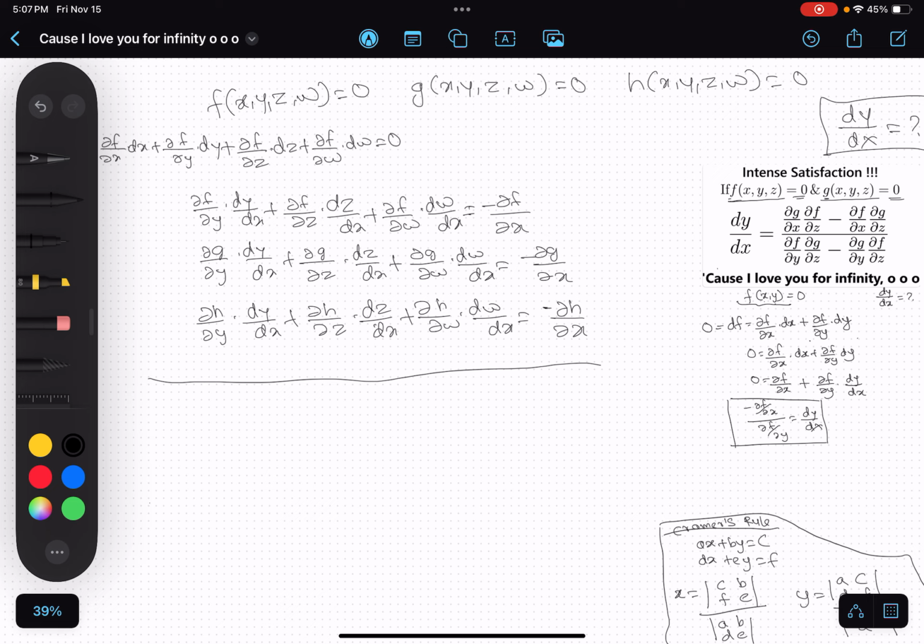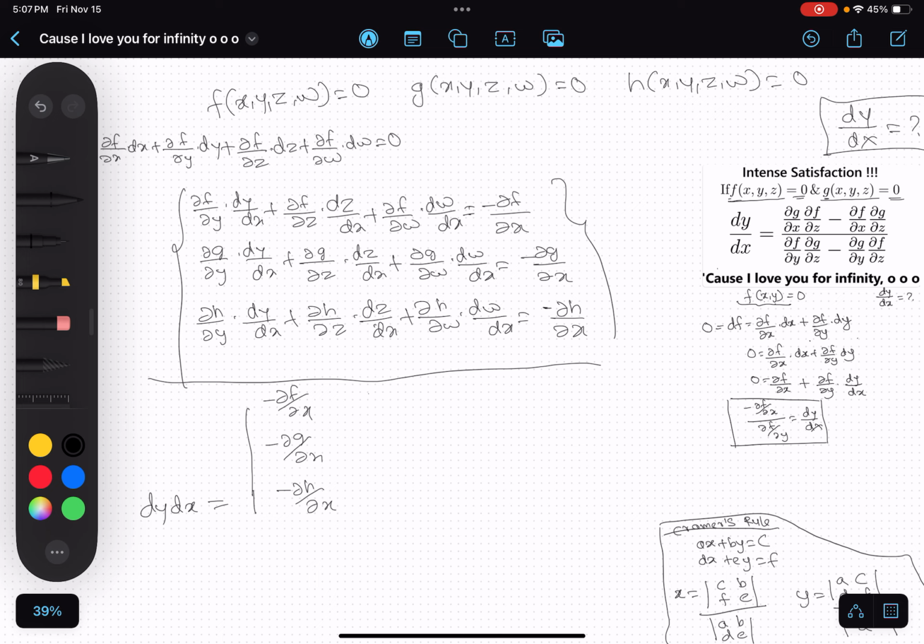Now over here, dy by dx will just be the determinant where we substitute the first column by these numbers. So minus partial f by partial x, minus partial g by partial x, minus partial h by partial x.